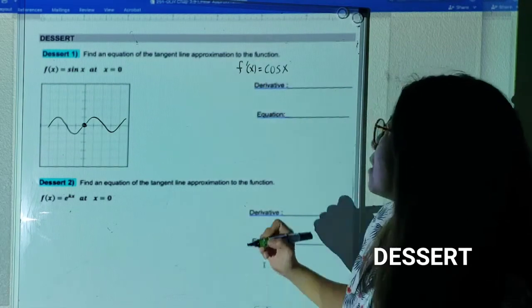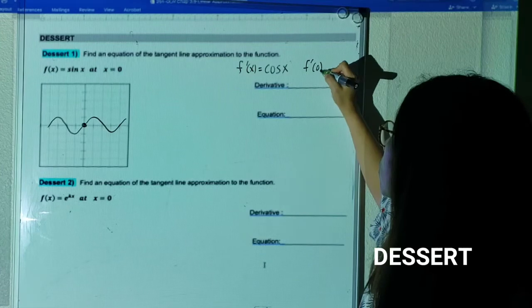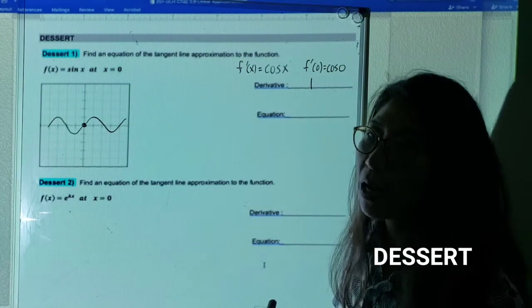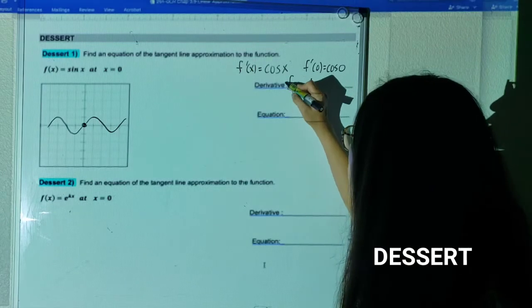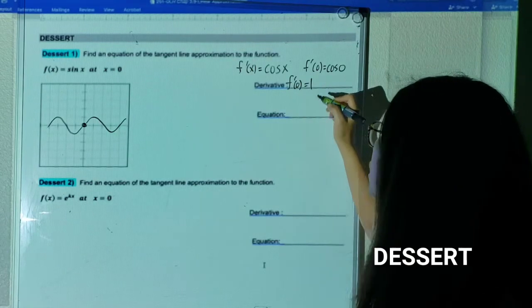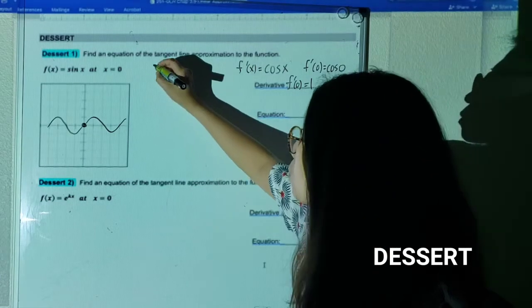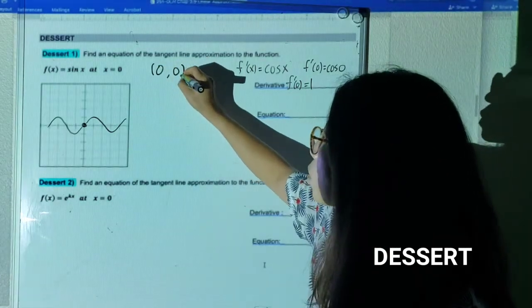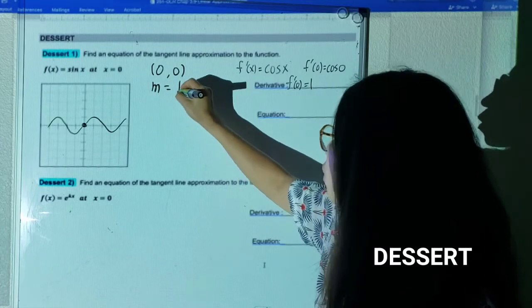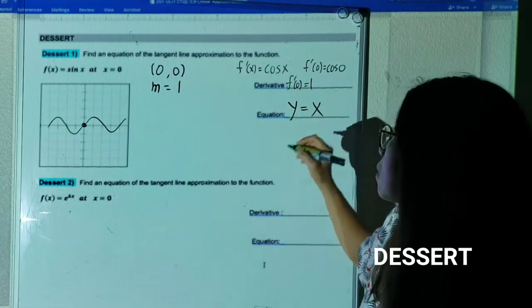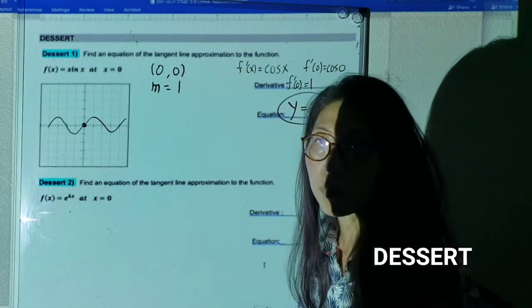Don't forget. Then what is cosine of 0? That will be 1. So I found the slope is 1. I'm going to use fancy notation now. And then what is the equation at that point? Well, it passes through (0, 0) and the slope is 1. So that equation is y is equal to x. That's it. That's the approximation.